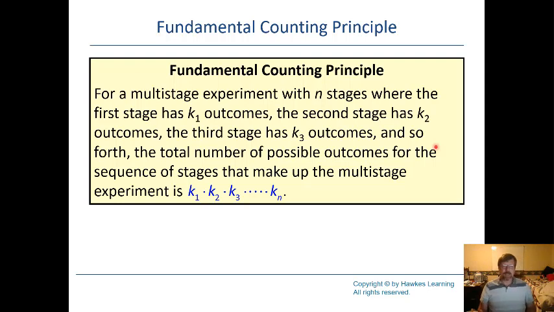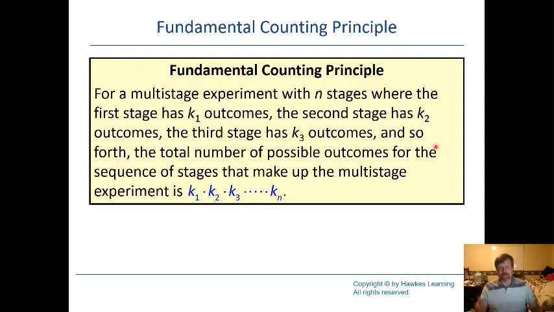We did kind of see this with dice with group on Wednesday. If you roll 1 die, there's 6 possible outcomes. If you roll 2 dice, there's 6 outcomes for each die, or 36 possible outcomes. If I was rolling 3 dice, there'd be 36 times 6, which I don't know off the top of my head.